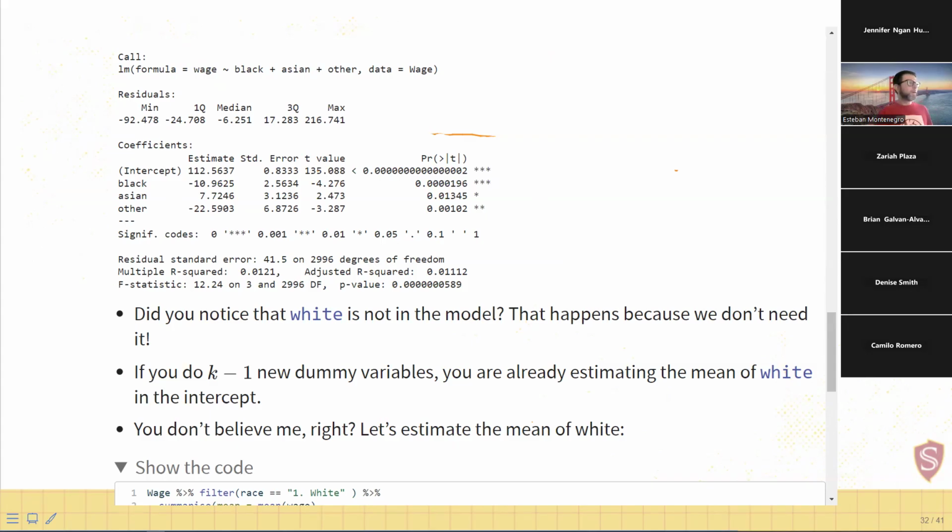For example, if you use Asians as a reference group, you will see the mean of Asians right here, and the numbers will change, but the conclusion is the same: people who identify as Asian are earning more money compared to people who are not Asian. That's going to be the conclusion if you change it. But yes, you can take any other group to put in the intercept. You are totally right, Jennifer.